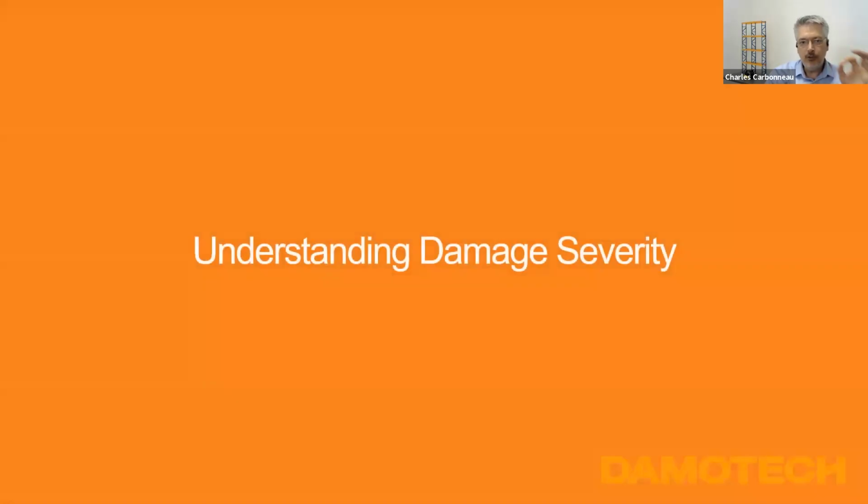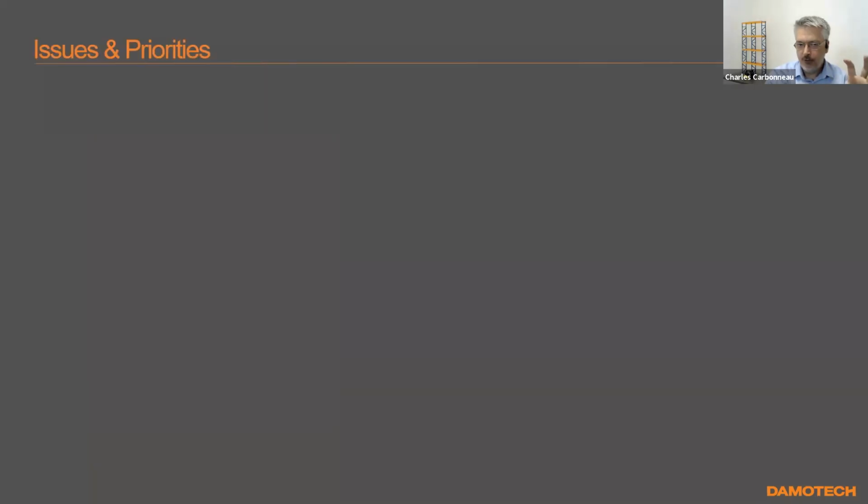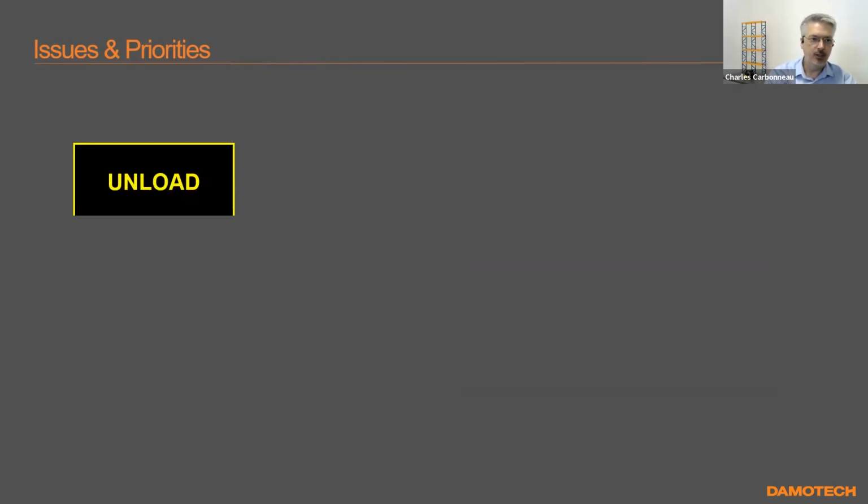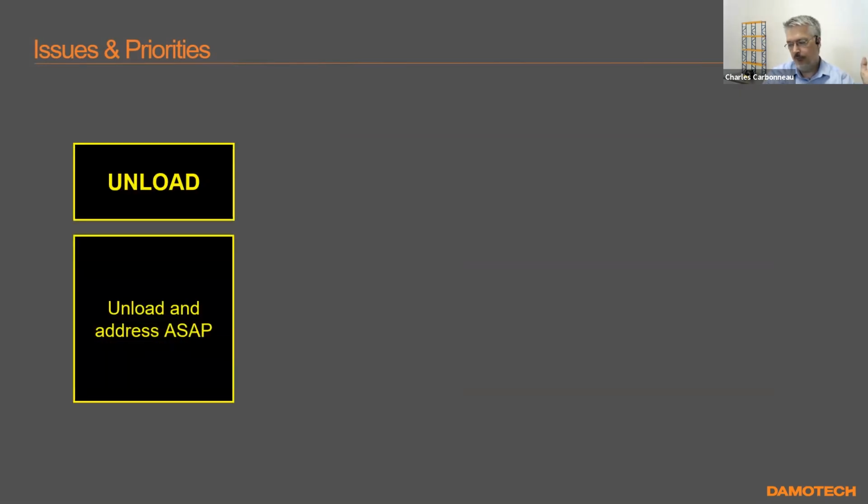All right, so understanding damage severity, we're getting into one of the most difficult things, which is to evaluate how bad a damage is. So we tend to divide this in 4 categories. Of course, the first one is unload, and we've seen some examples from Eric where it was so bad that, of course, you unload pallets from there.